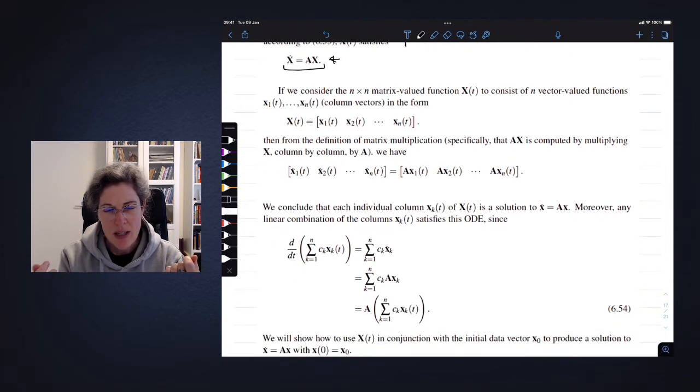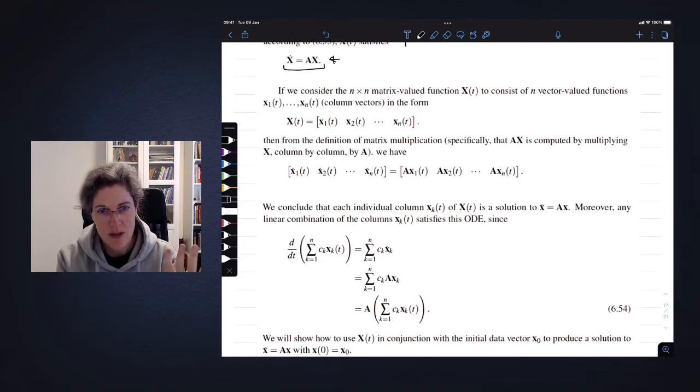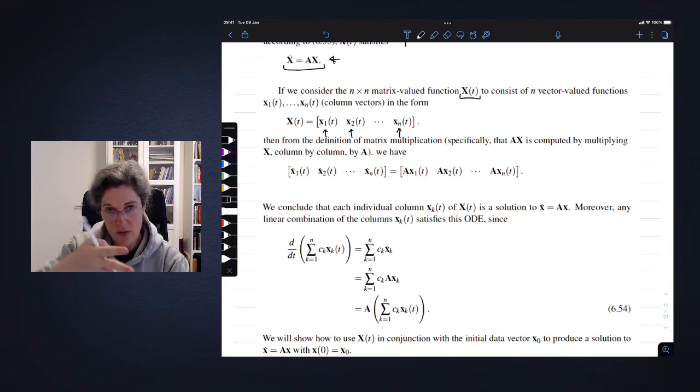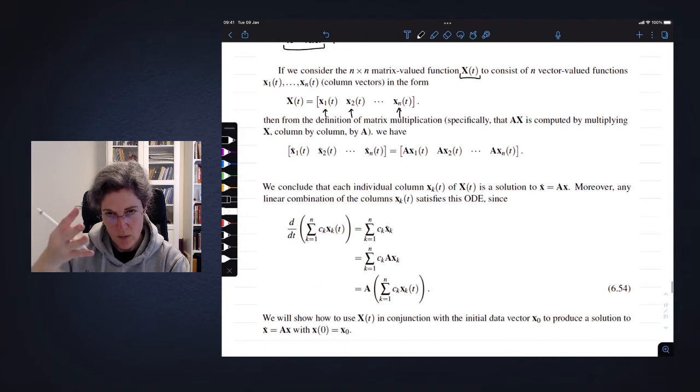But we've now suddenly got a matrix that we're saying is a solution to the differential equation. How does that solve our problem? Well, we're thinking about this matrix as consisting of a bunch of columns, an x1 and x2.